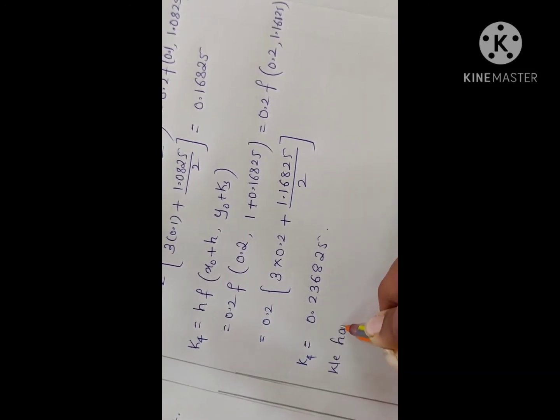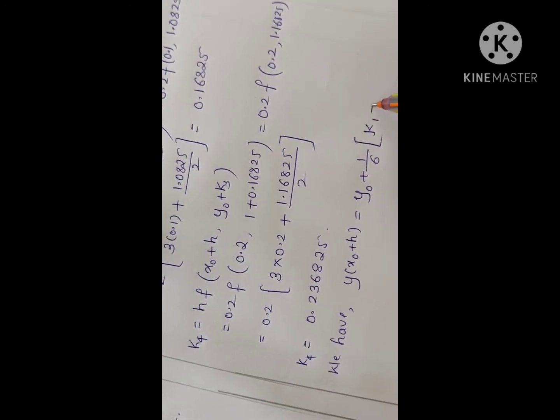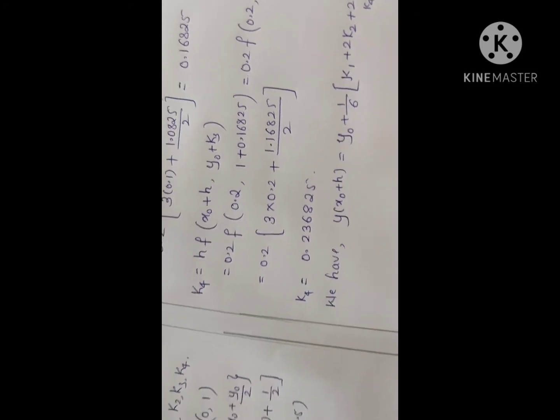After getting all the values K1, K2, K3, K4, you have to substitute them in the formula of RK method. So we have y of x naught plus h. The formula is y naught plus 1 by 6 (K1 plus 2 K2 plus 2 K3 plus K4). You know the values. Substitute all the values.